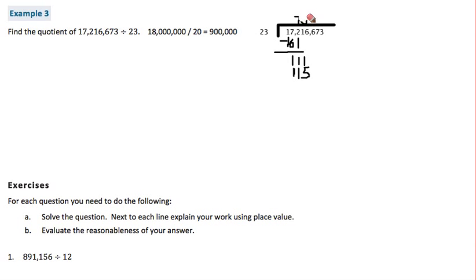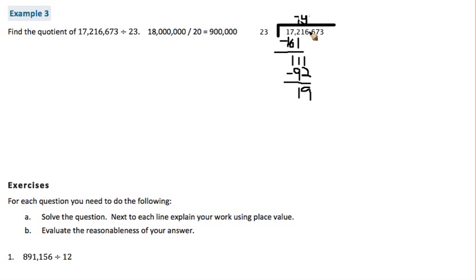And drop back to 4. Four times 3 is 12. Regroup the 1. 4 times 2 is 8, plus 1 is 9. 111 minus 92 will be 19.